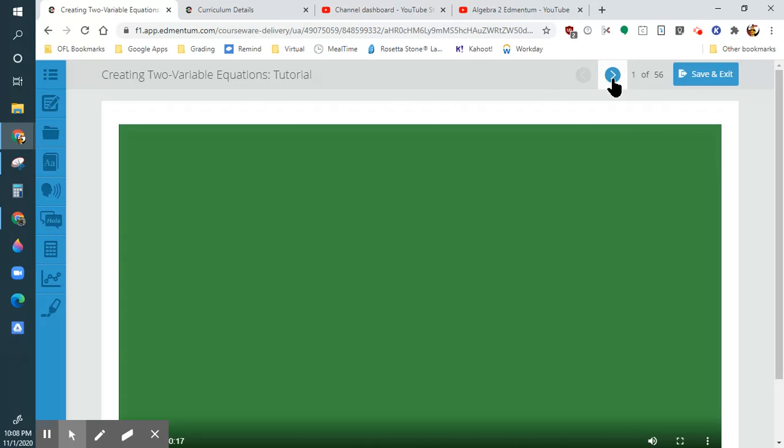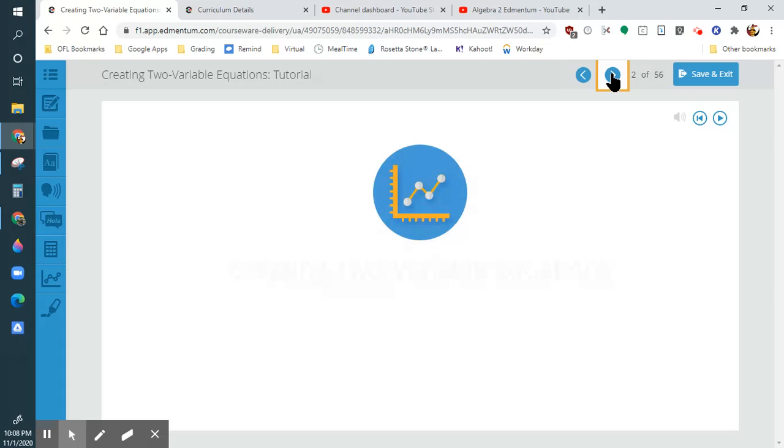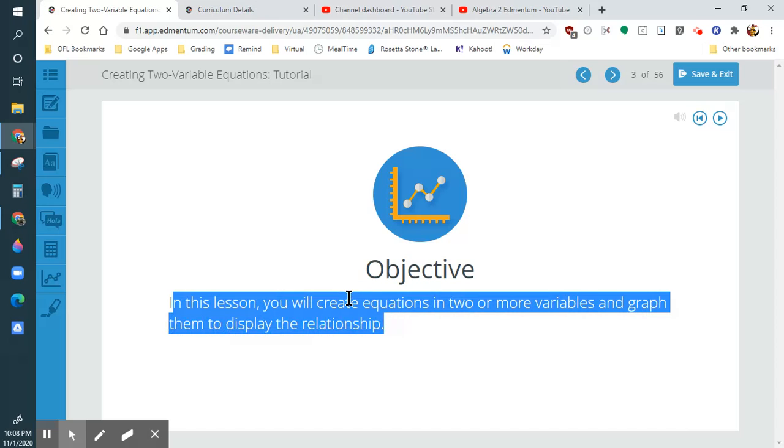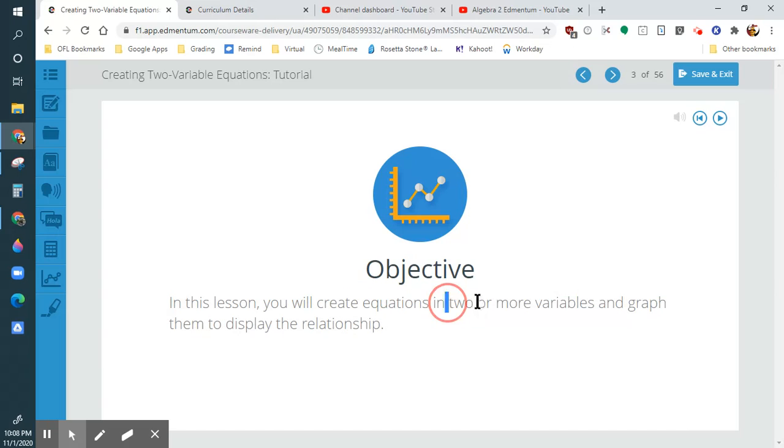So let's move into creating two variable equations. In this one, we're going to talk about creating equations in two or more variables in a graph, so obviously a two-dimensional graph, and display their relationship.